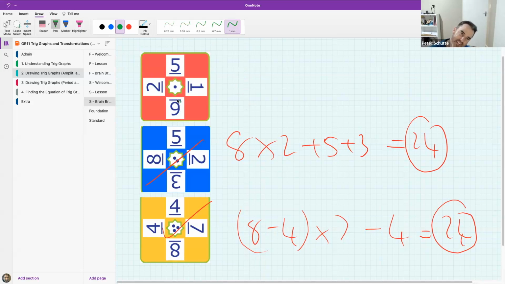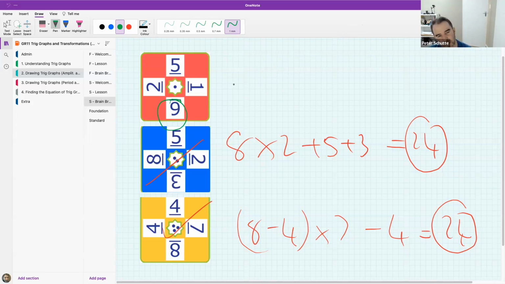This is a 6, because there's a thing at the bottom. Can you get that one? So 6. Yep. Kat, you've got the yellow one as well.